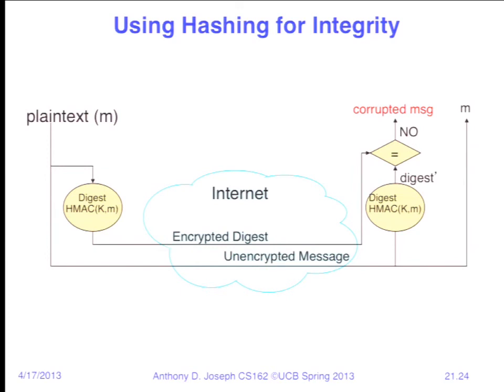If they don't match, the message was corrupted. If they do match, the message was not corrupted. Now, we can encrypt the message for confidentiality. Right? So this provides integrity, but it does not provide confidentiality unless we also encrypt the message.